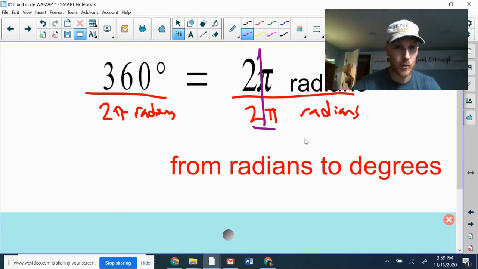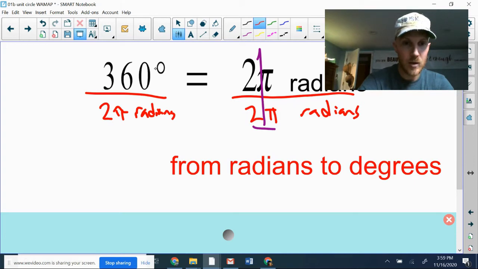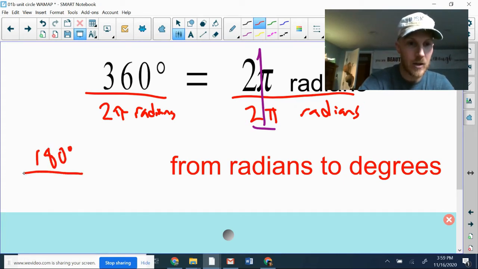And on the other side, we've got 360 degrees divided by 2 pi radians. That's our conversion factor. I'm going to reduce the fraction. The 360 divided by 2 is going to be 180. So I'm just going to reduce that fraction, 180 degrees over pi radians.